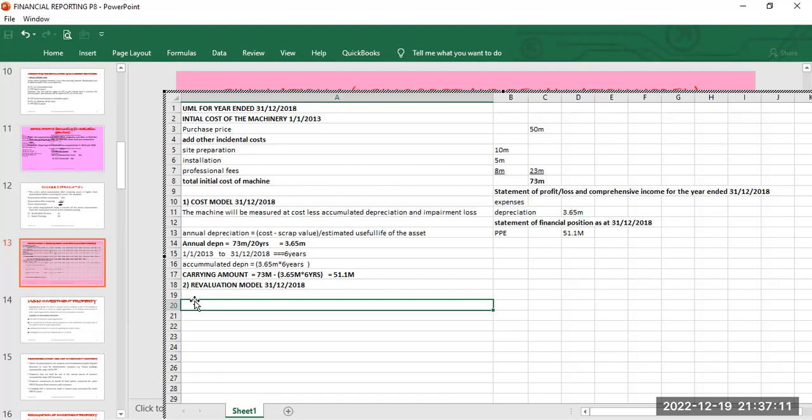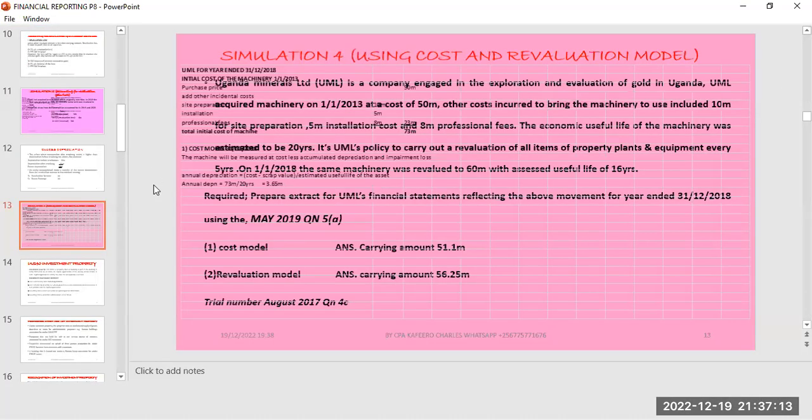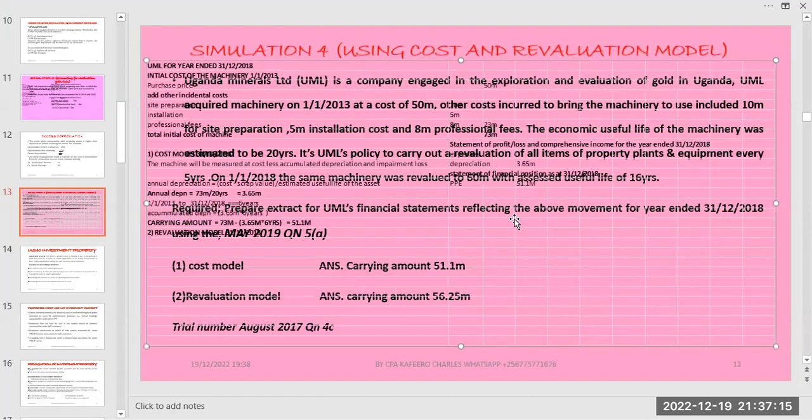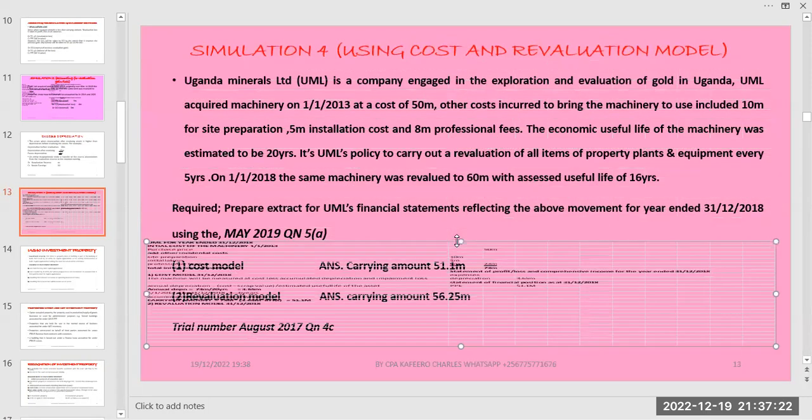That's what we are looking at. But if you try to go through this question, the question says, now this is where we are starting with the revaluation.